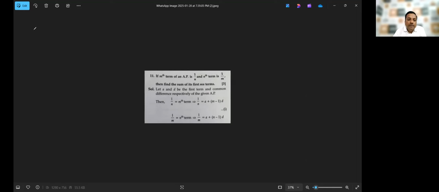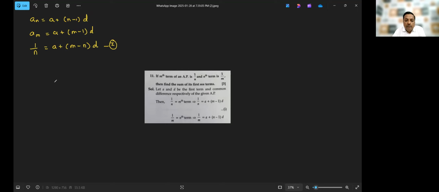The mth term is 1 by n, meaning again we have the formula an is equal to a plus n minus 1 and d. It is given that the mth term is 1 by n. So in place of n, just write m: a plus m minus 1 and d. So the mth term, 1 by n, is equal to a plus m minus 1 and d. This is the first equation.